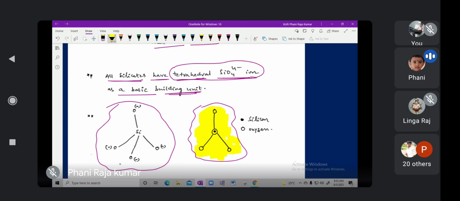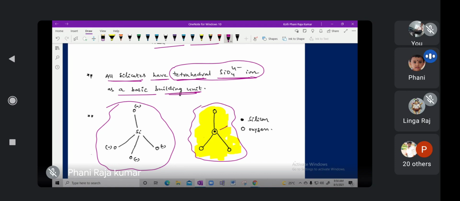So 4 open circles are there, so 4 oxygens. This oxygen is projected backside. It is a tetrahedral structure, so only 3 oxygens we represent on the paper and the 4th is at the back. So 4 bonds are there, not 3. 4 Si-O linkages are available.